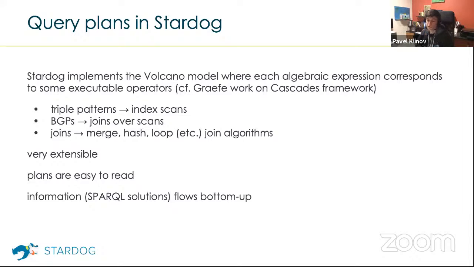The idea of the architecture is basically every bit of the query plan corresponds to some executable operator, and those generate results, and the parent operators pull results from the child operators. So it's a pull-based model.